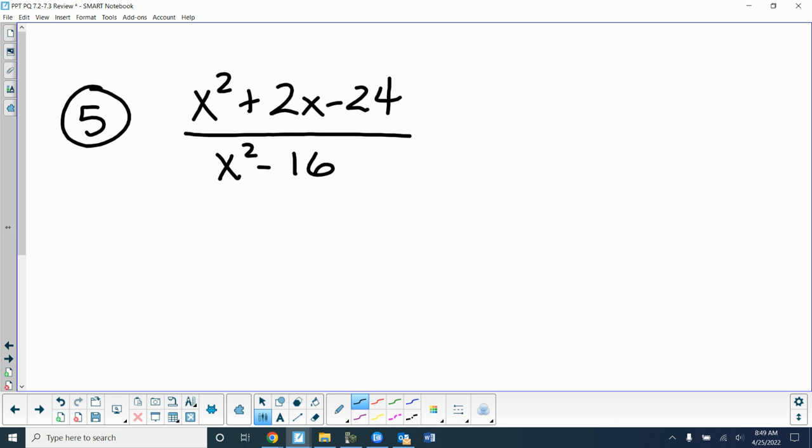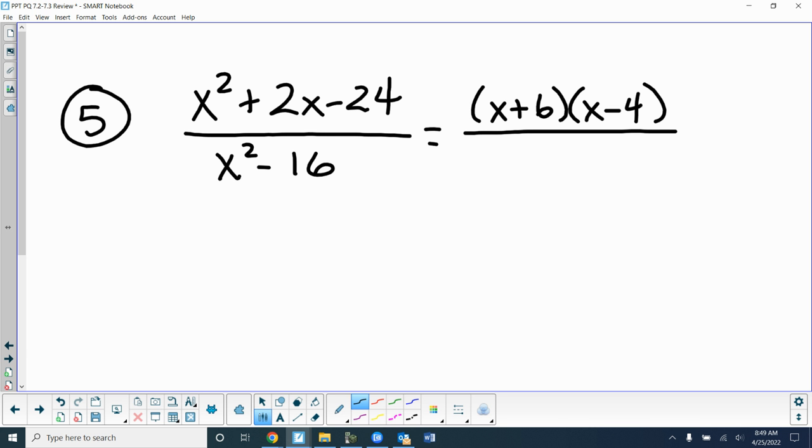So what are the factors of -24 that add up to +2? 6 and -4. What do we call that denominator? It's got two terms, they're both perfect squares and a minus. Difference of squares. And when we factor those, we make two sets of parentheses and we take square roots, right? Square root of x squared, square root of 16, then what? Plus and a minus, one of each, right?